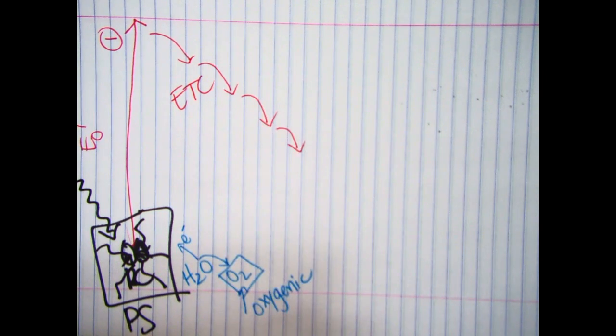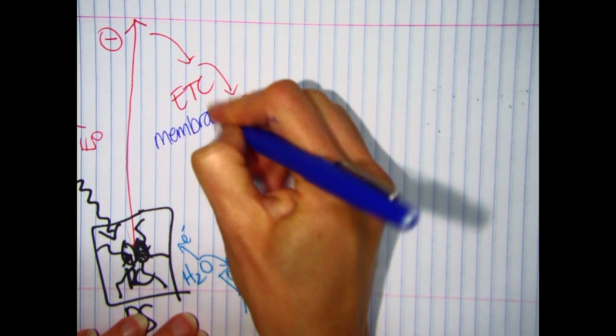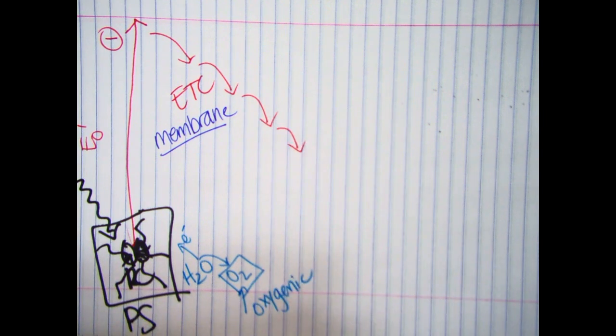So where in the cell is this happening? Electron transport chain. It is happening in the membrane. You can see the options for this at the end of the previous video. Basically, it has to be part of the cytoplasmic membrane, but it can either be the cytoplasmic membrane or an infolding thereof.